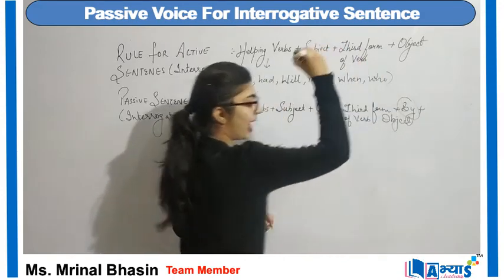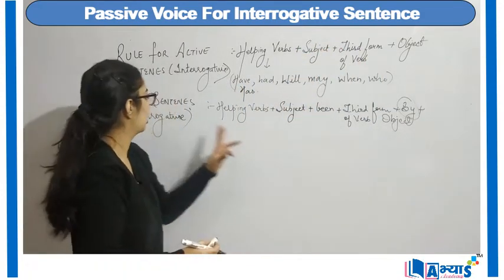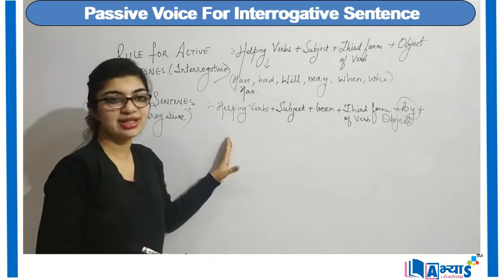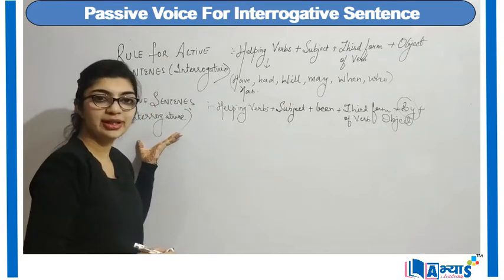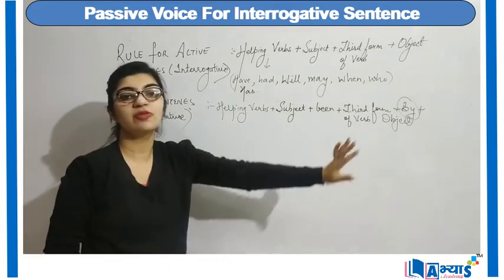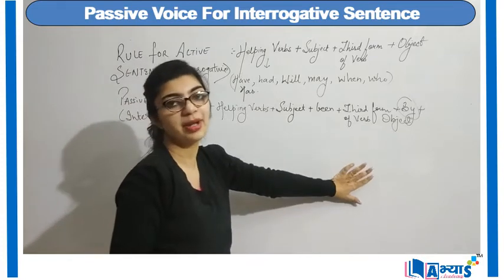We know that by is necessary for making passive sentences. So whenever we are forming passive sentences, the usage of by is almost compulsory.